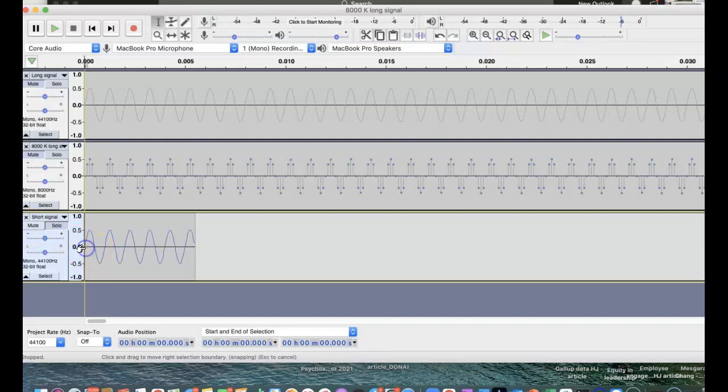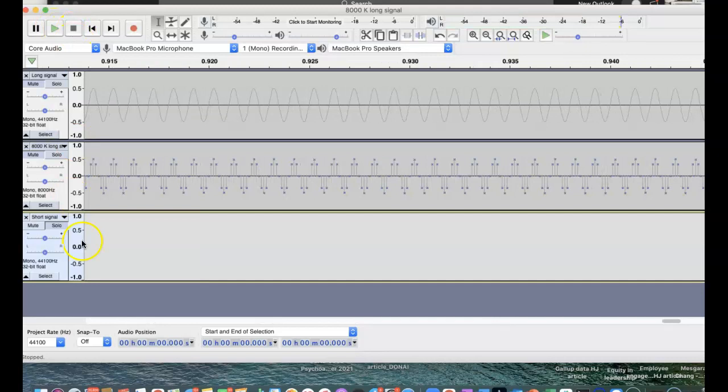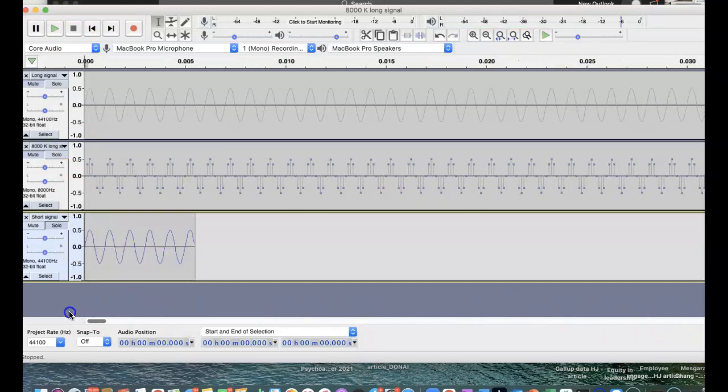So it's not going to sound like 1,000 hertz because it's very short and has a broader frequency spectrum. So here's what it's going to sound like. So you hear that little almost like click noise, and it doesn't sound like 1,000 hertz. So when signals are very short, they lose that original property. They have broader spectral energy.